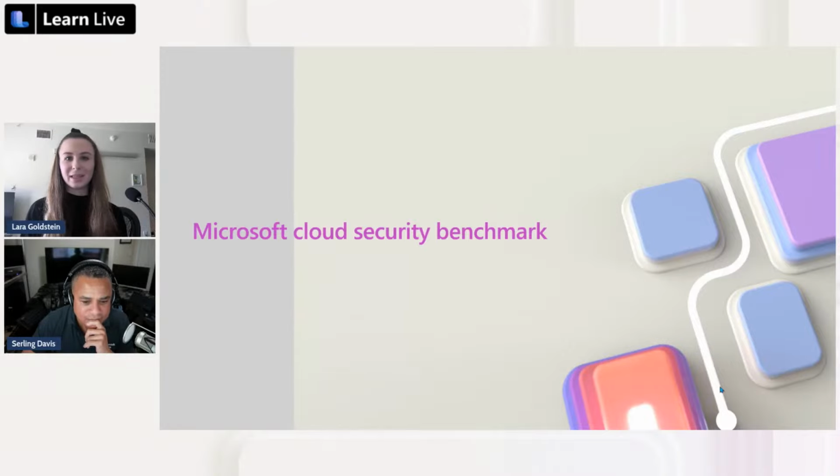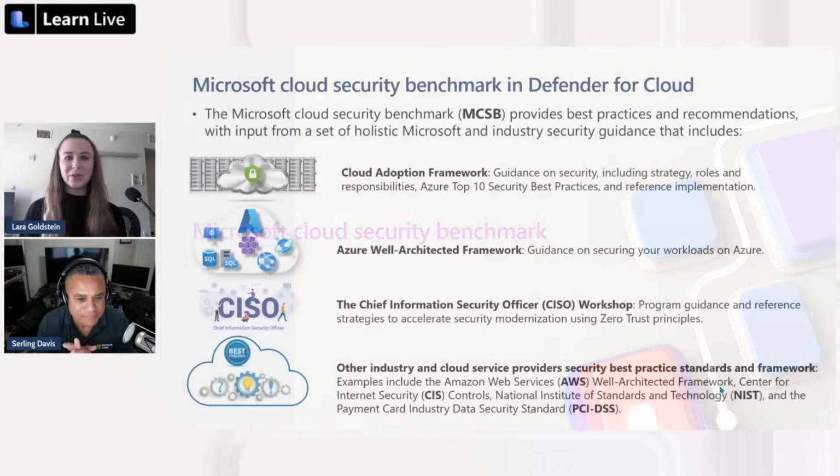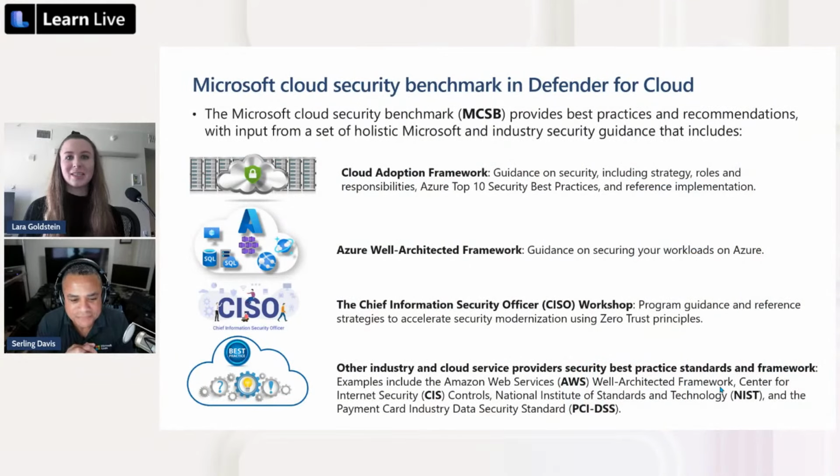We can go to the next slide. It was created from a range of sources, including the Cloud Adoption Framework, the Azure Well-Architected Framework, the CISO Workshop, as well as other industry and cloud service provider security standards and frameworks such as Center for Internet Security Controls, or CIS, and the National Institute of Standards and Technology, or NIST.